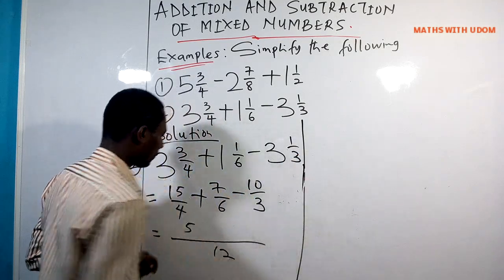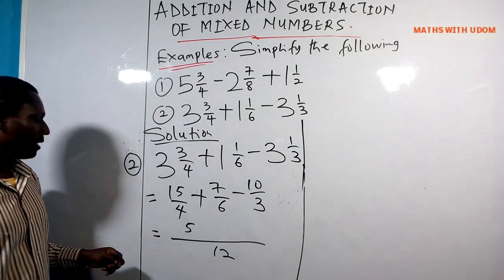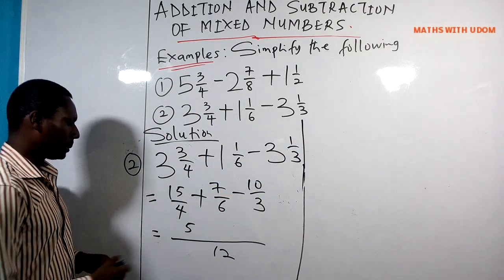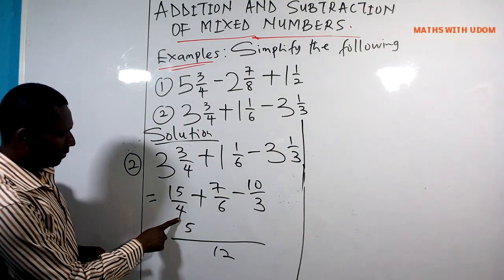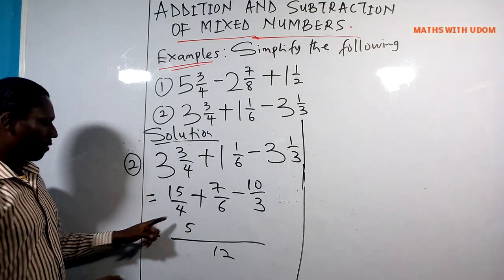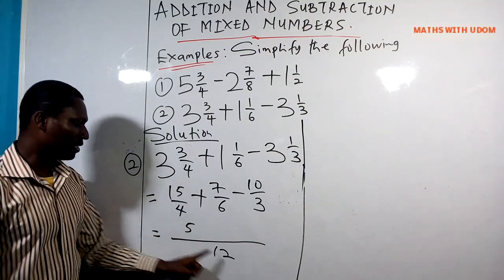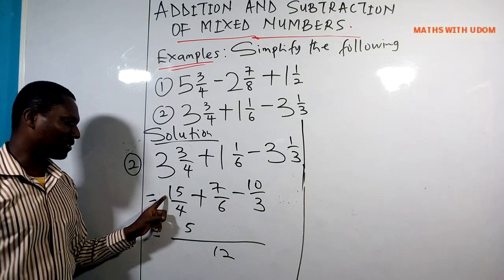So let's proceed. 4 in 12, 3. 3 times 15, 45.